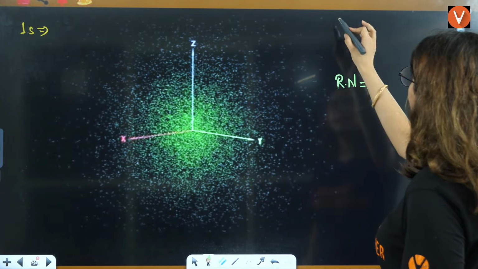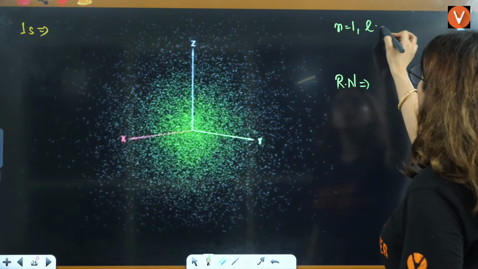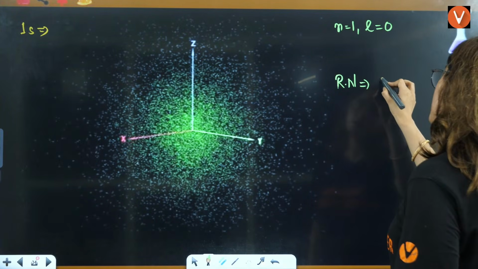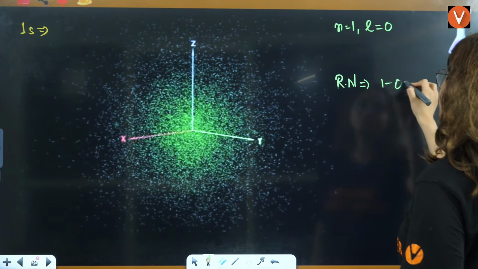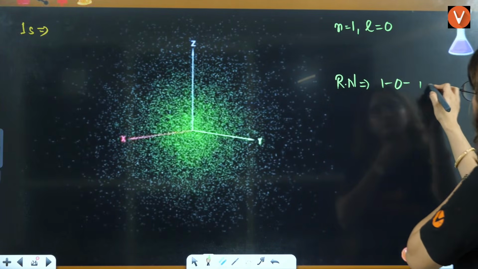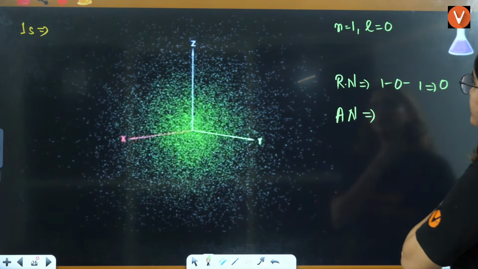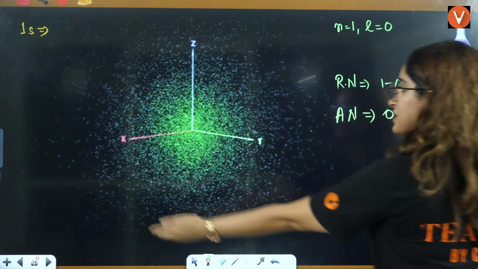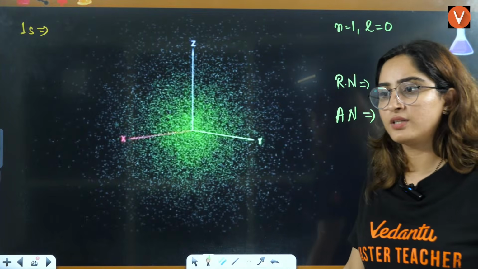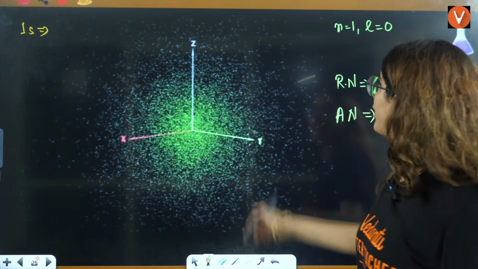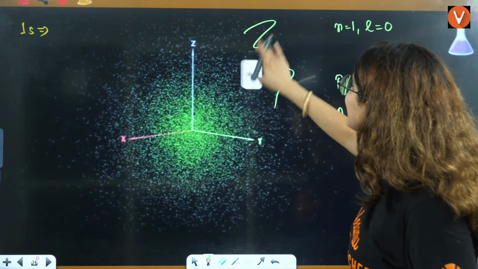You will have n equals 1 and l equals 0, so it will be 0. Angular node is also 0. Can you see any node here? No. You will say, ma'am, here is the node. Arey, that is infinity.